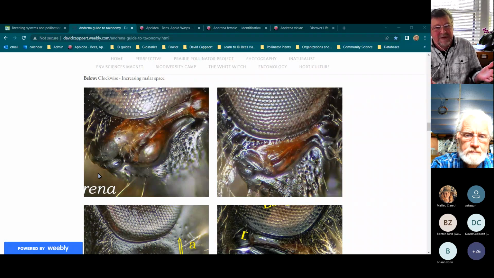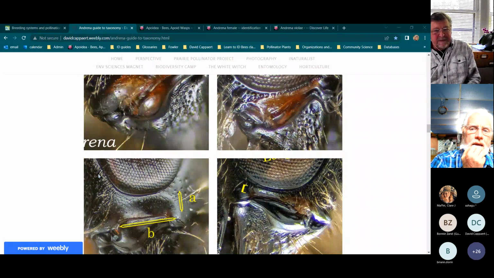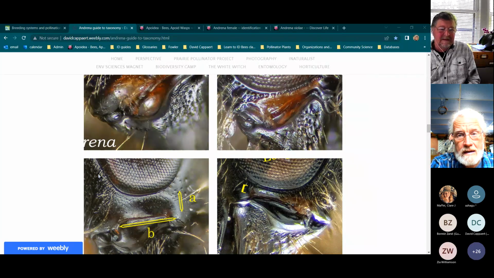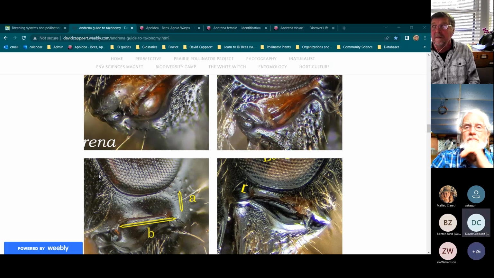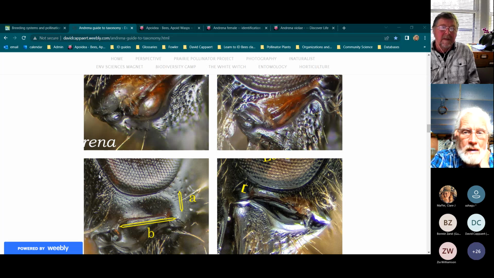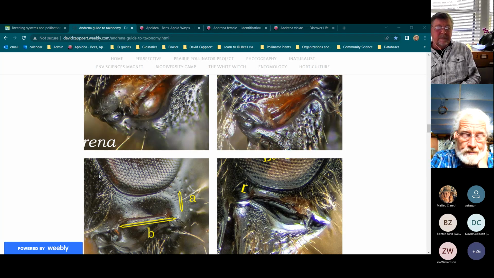I don't know how you handle that, but it depends on the group. Like in Colletes and Bombus, it's a relationship to the width of the mandible. In Andrena, we're not talking about that great a range of malar spaces. So largely the mandible edge is just your stop, and we compare it to the rim of the eye, like how many rim lengths, as the measurement point rather than the mandible.